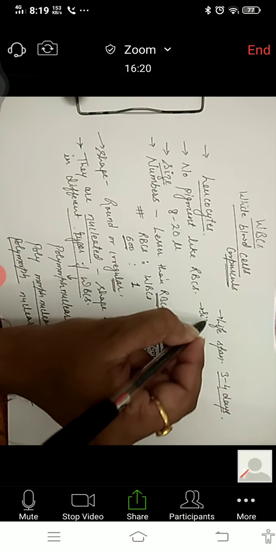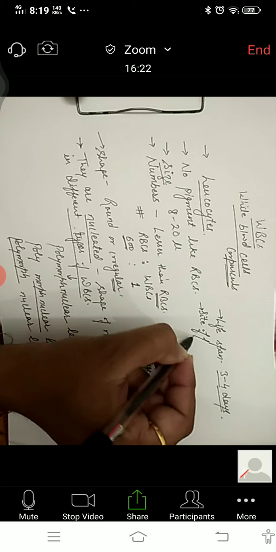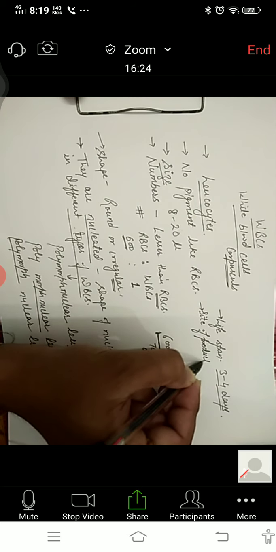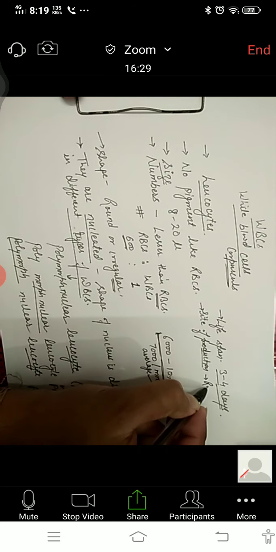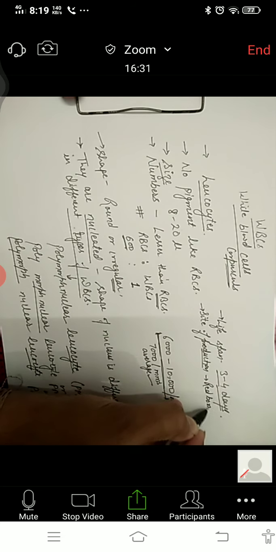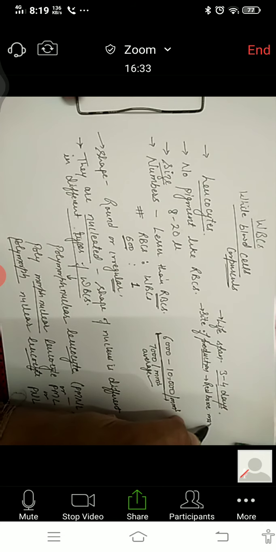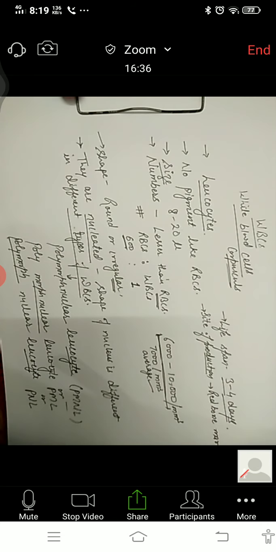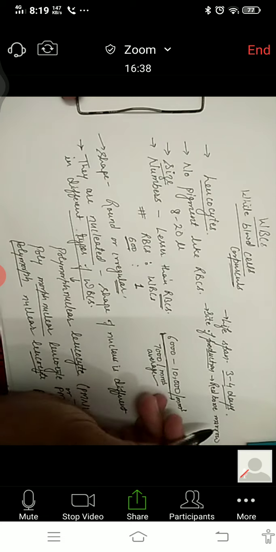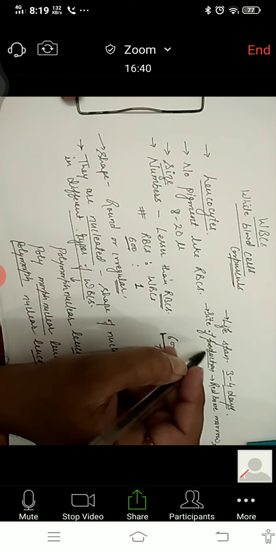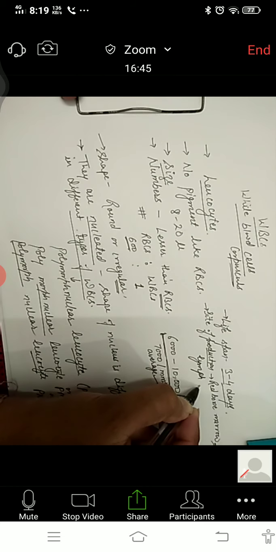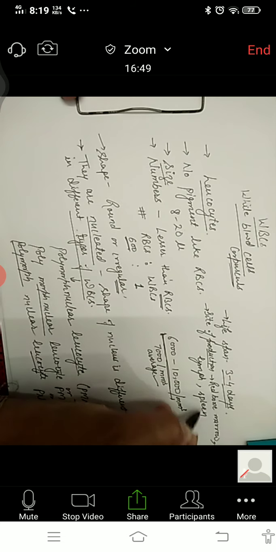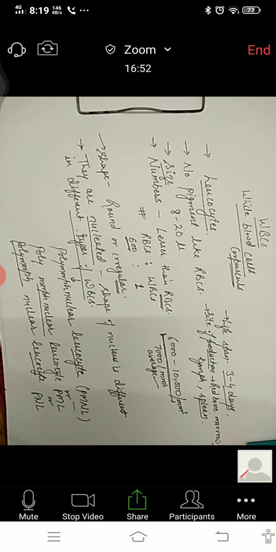Site of production: the red bone marrow, lymph nodes and spleen are the sites for their formation.